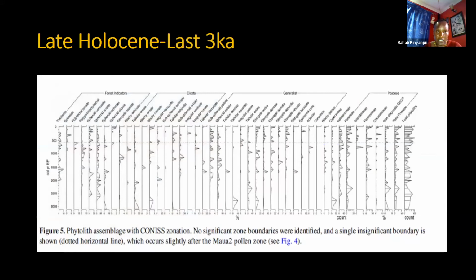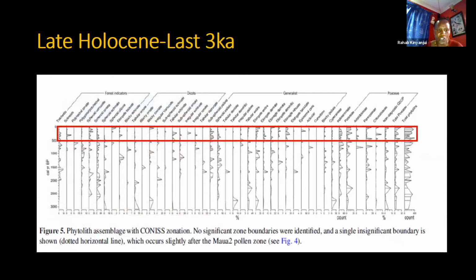So during the phytolith assemblage, I'll call you to see the upper part of the diagram, the phytolith diagram, where you see the changes in terms of the vegetation.